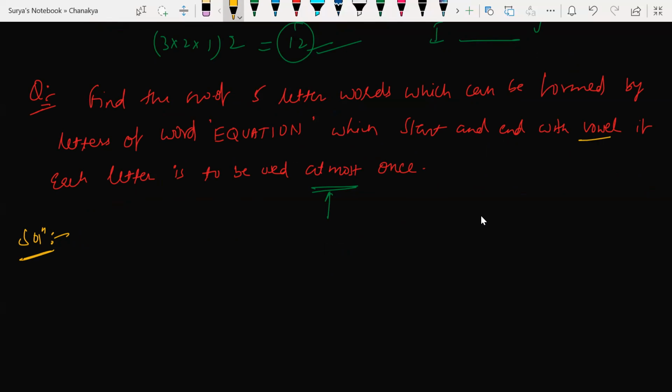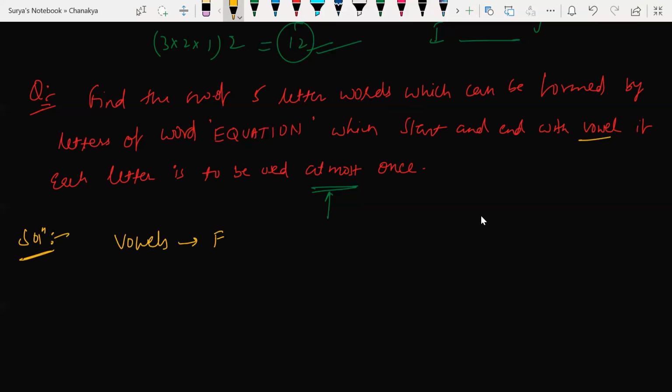How many letters? 1, 2, 3, 4, 5, 6, 7, 8. Total 8 letters, so 8 blanks. Okay. And words which start and end with a vowel. How many vowels do I have here? E, U, A, I, O. Total 5 vowels. All the vowels we have.